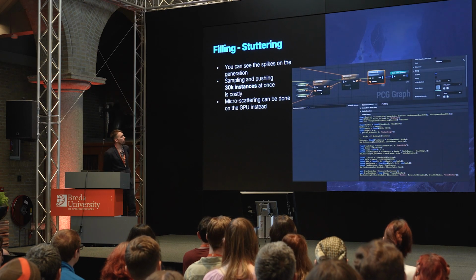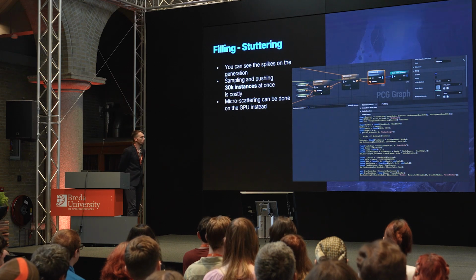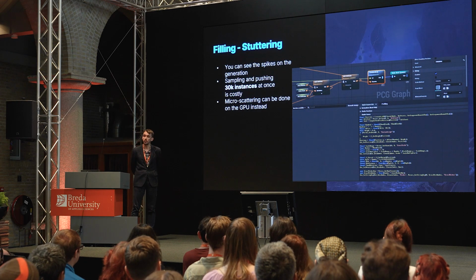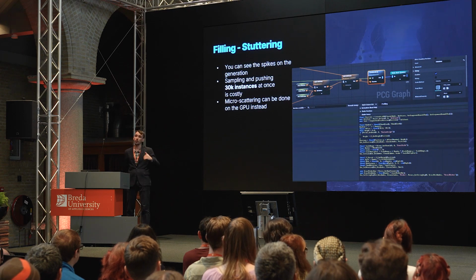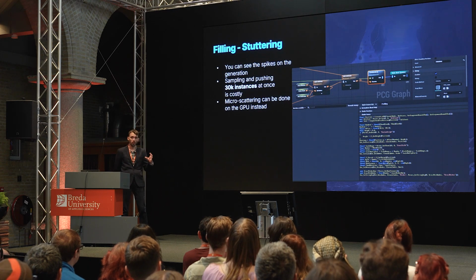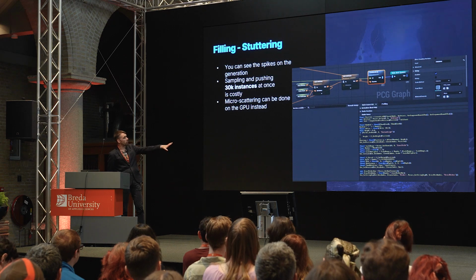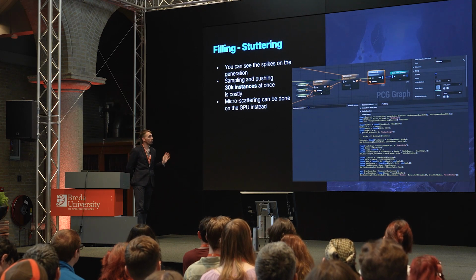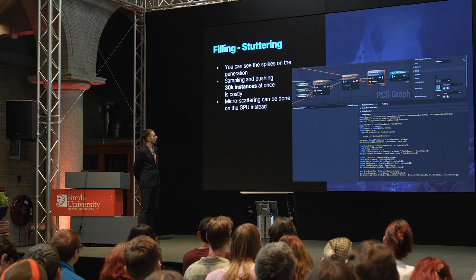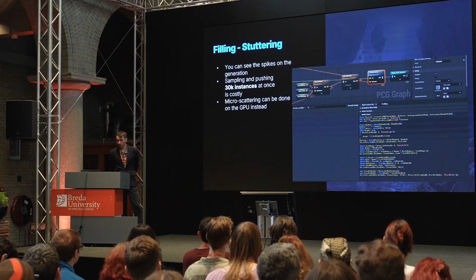So one thing that we introduced in 5.5 was the ability to do custom HLSL nodes, and also generating points directly on the GPU, and then pushing those instances from the custom HLSL node directly to the GPU scene. So we don't have any CPU readback. Everything is pushed directly to the static mesh spawner on the GPU scene.